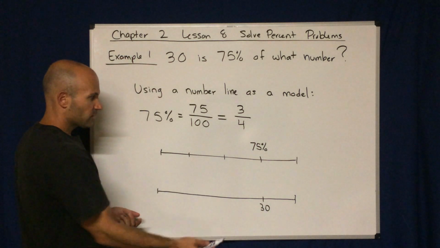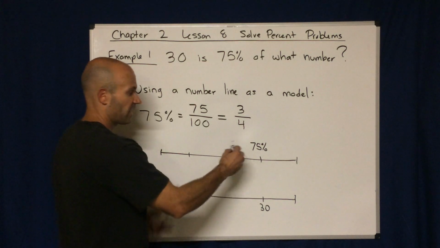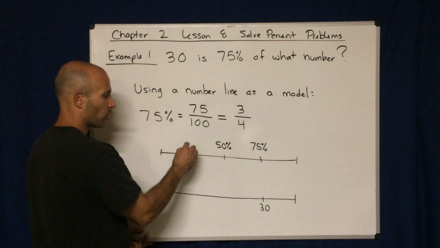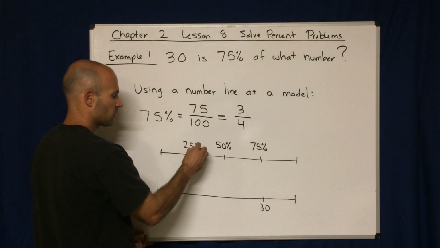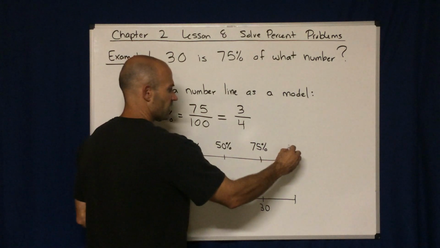Let me fill in the rest. This is 75%. This was the halfway mark, representing half of something. A half is 50%. A quarter would be 25%. And then I have my 0% and 100%.